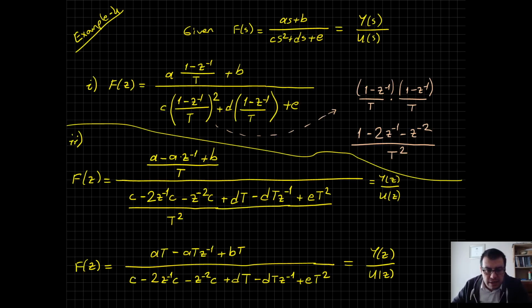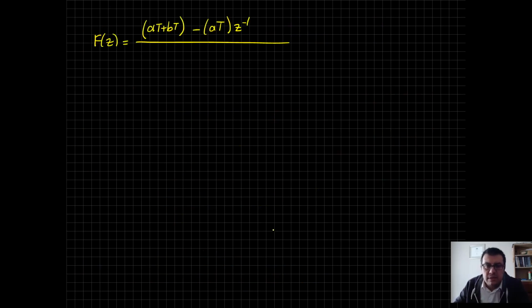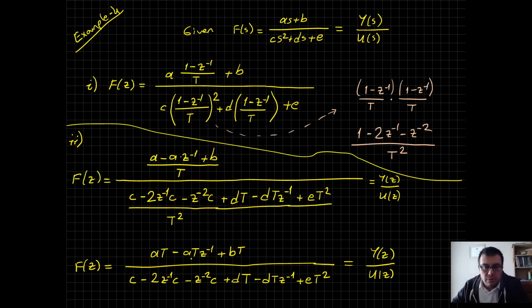Here you have c plus dt plus et square, which is without any z^-1 multiplier.